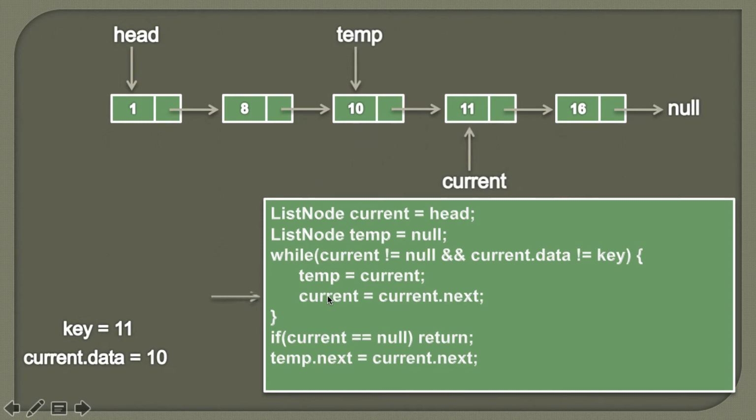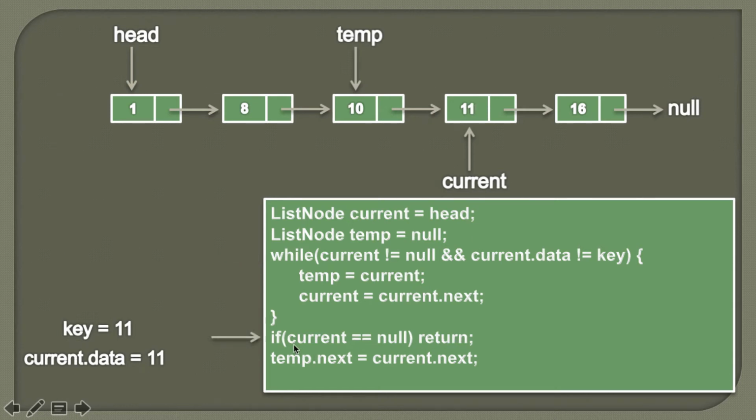Moving ahead, current is not equal to null but current data is 11, which is equal to key. Therefore the condition in the while loop comes out to be false. The while loop breaks out and we have traversed current to the node which we want to delete.